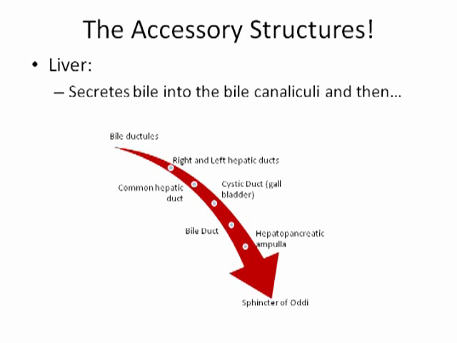It does that through a very controlled mechanism called the sphincter of Oddi, which allows for the passage of both pancreatic juice and the bile from the liver and gallbladder into the small intestines.